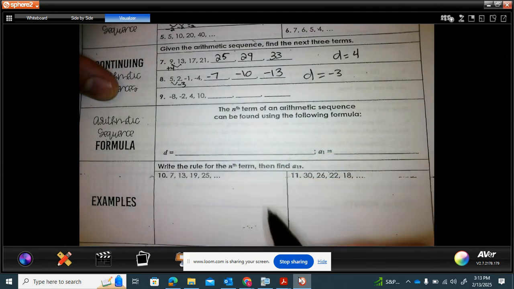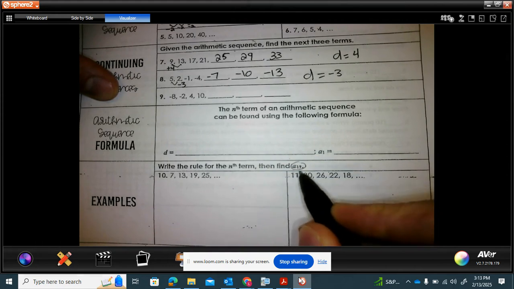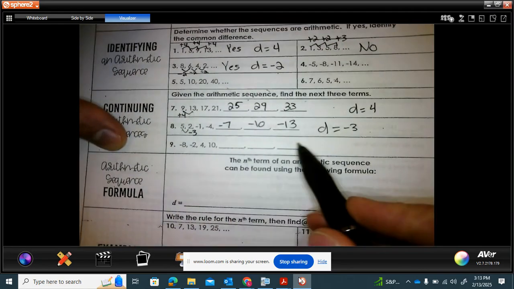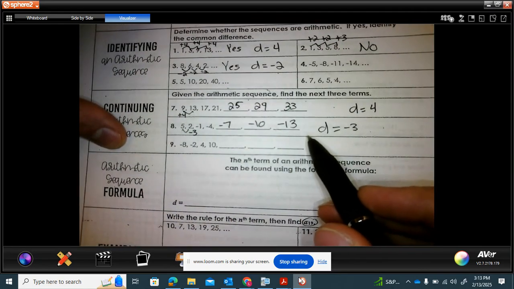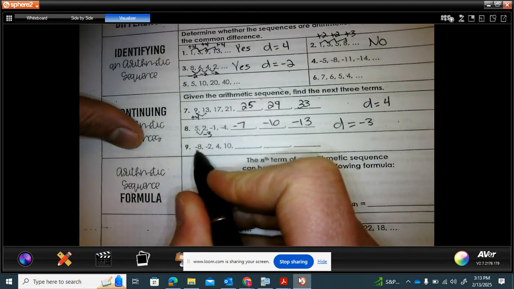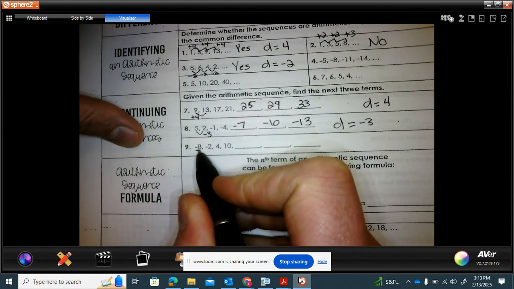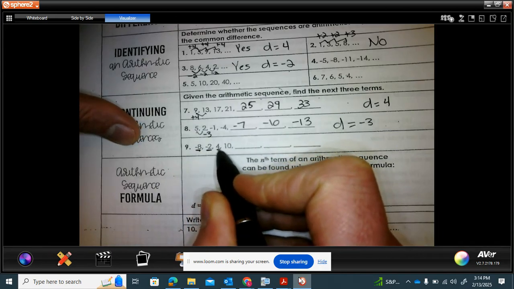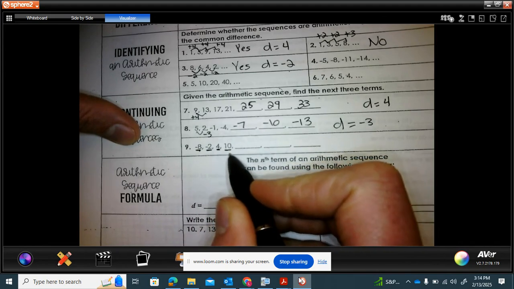For example, if this says find A19, or say I had to find like, I don't know, the 120th term. First of all, in question 9, the -8 would be considered the first term in the sequence. The -2 is the second term. The 4 is the third term. The 10 is the fourth term.